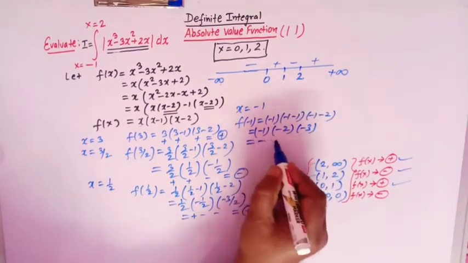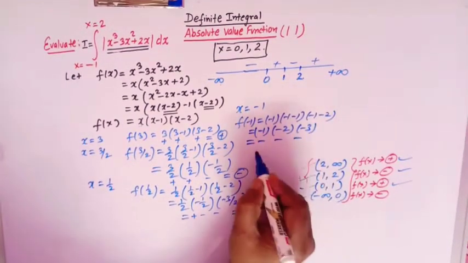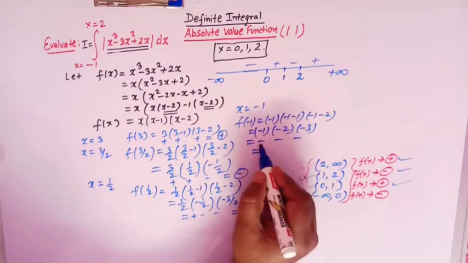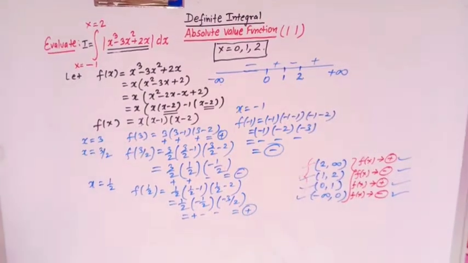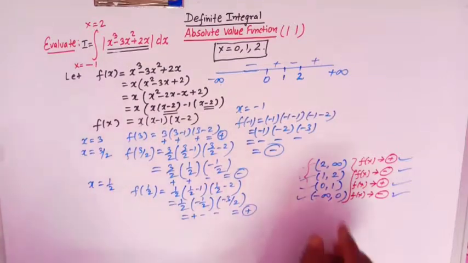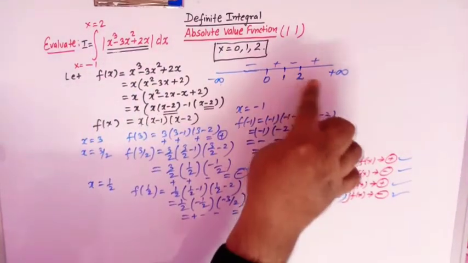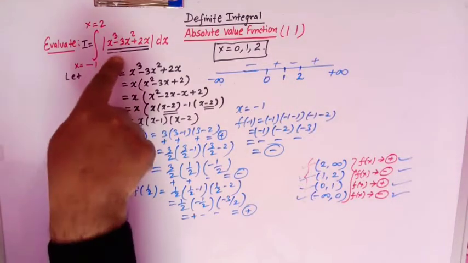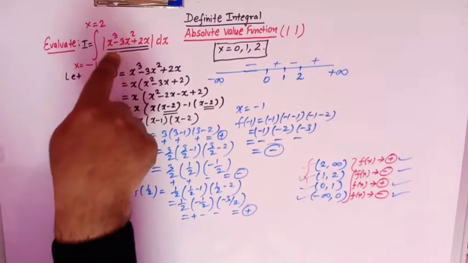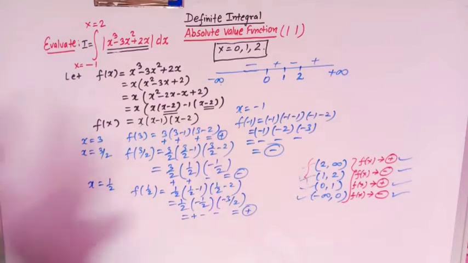So now this is negative, this is negative, this is negative, and the product is negative, right? So here we have negative. So this is how we can verify the sign of f of x in these 4 intervals, right? So before integrating this function, we have to do all these things.